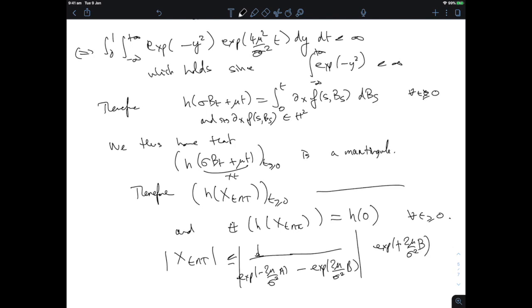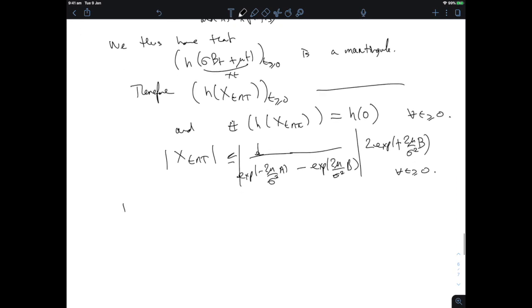That's what makes the exponential the largest, and then I have that twice. It doesn't really matter what this number is. The point is that it is always smaller than a fixed number, that is to say, smaller than an element in L infinity, that is to say, an element in L1. So by dominated convergence, and that was not x of t minimum tau, but h of x minimum tau.